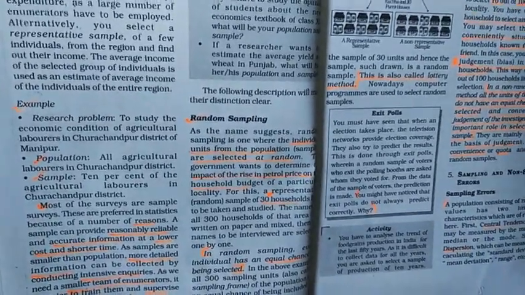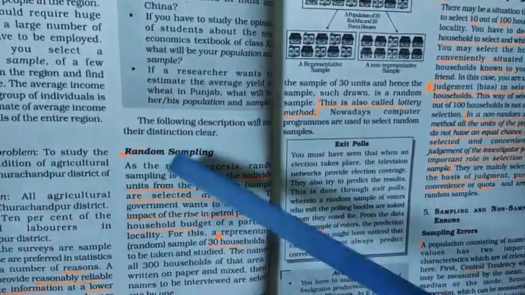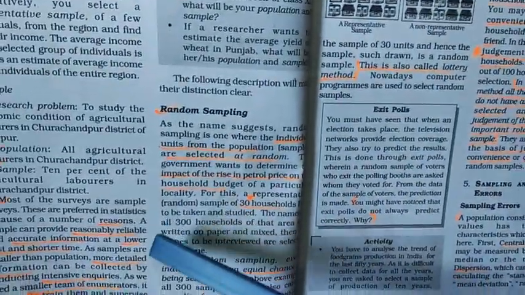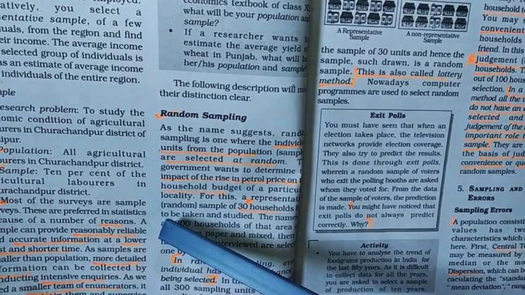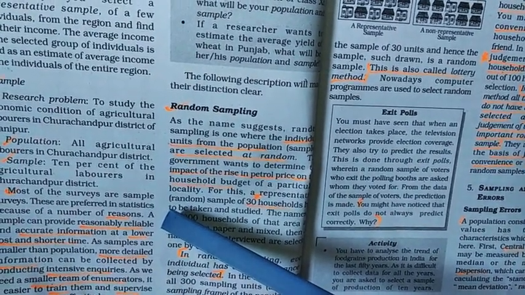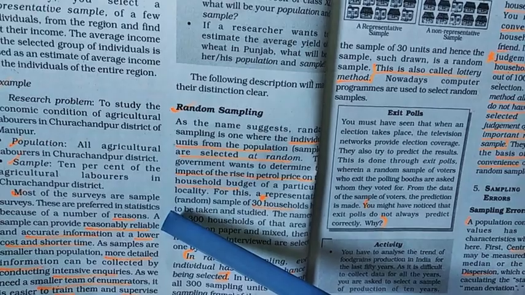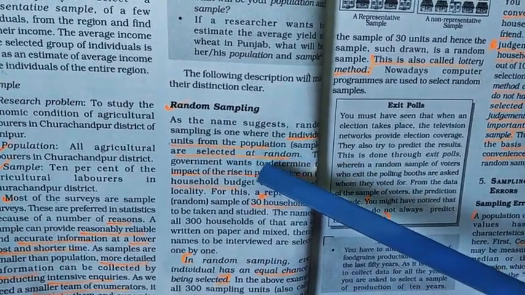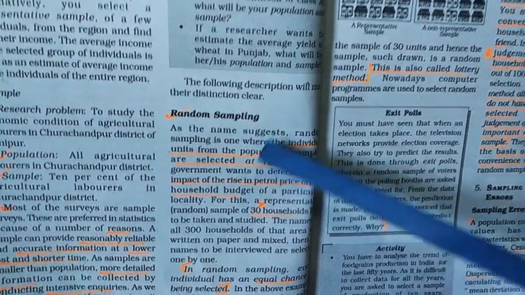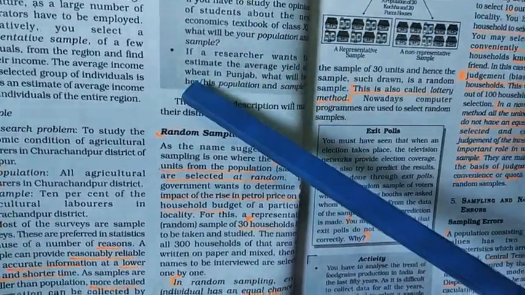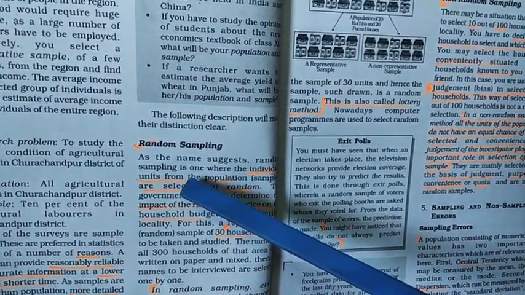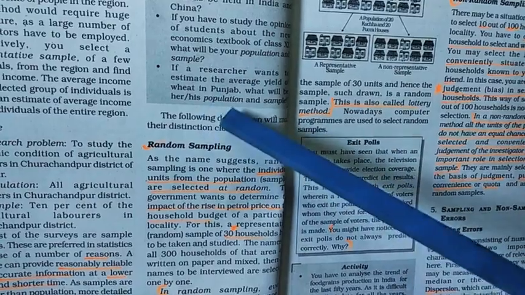And again, in this sample survey, there are two types of sampling, that is random sampling and non-random sampling. So in random sampling, what does it mean? Random sampling is one where the individual units from the population are selected at random. While selecting for the sample survey, you are selecting an individual at random from the whole population.